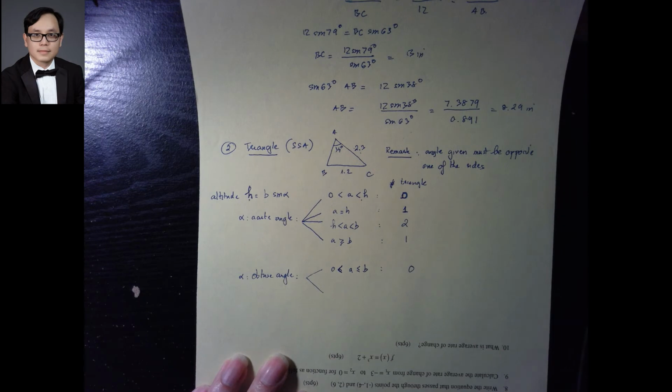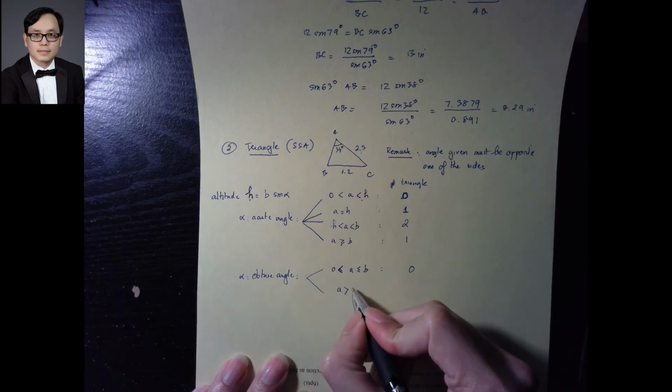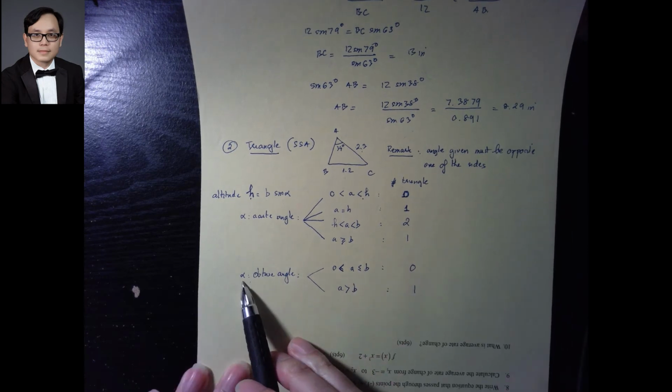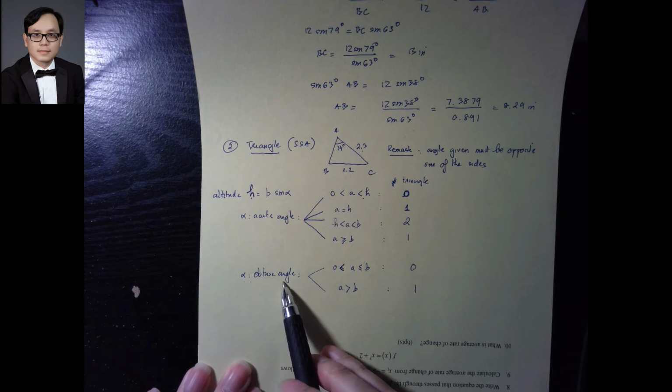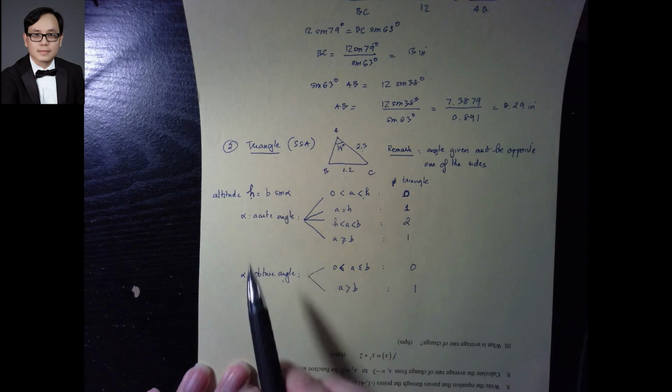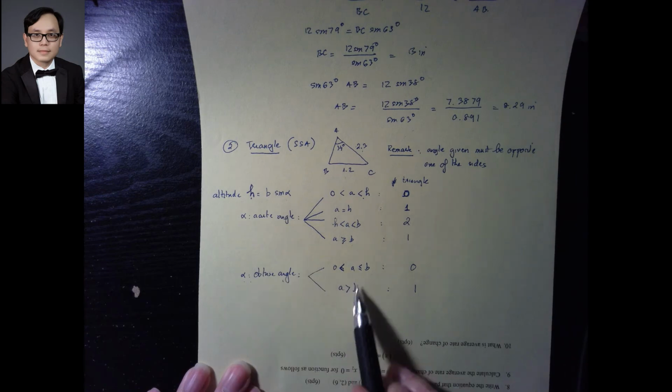And if A is greater than B, we have one triangle. So when you consider alpha as an obtuse angle, we don't have to solve for h anymore. We just look at A and B, and you will see how many triangles you will have.